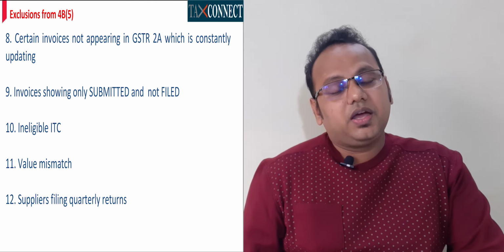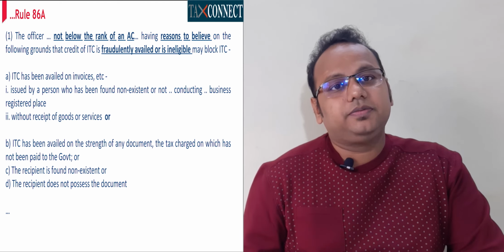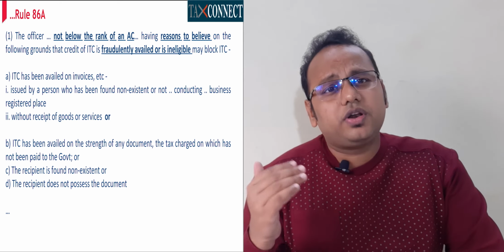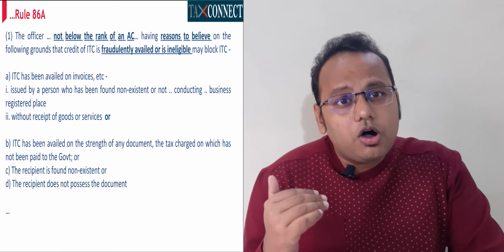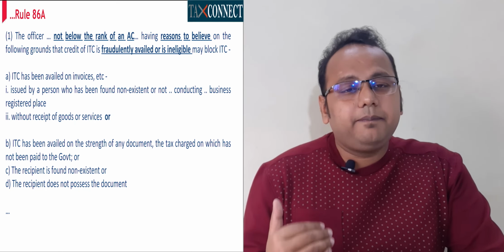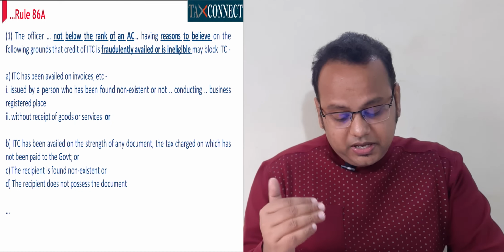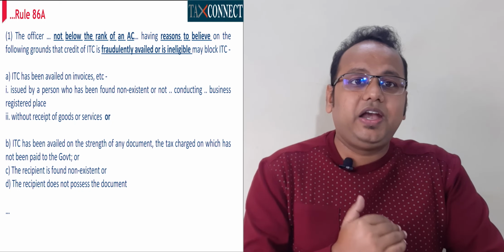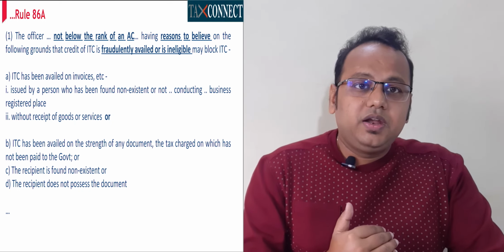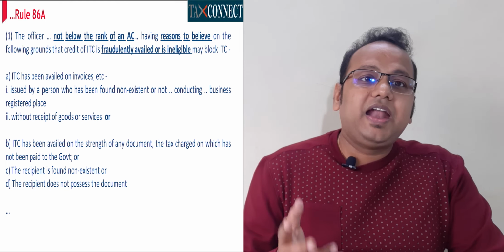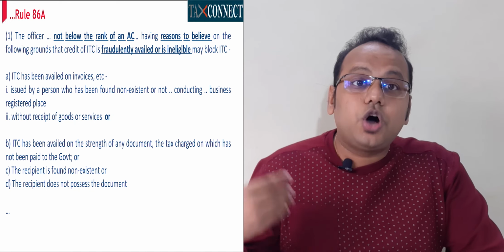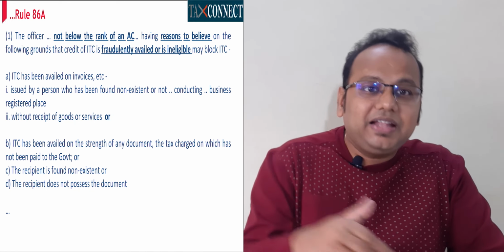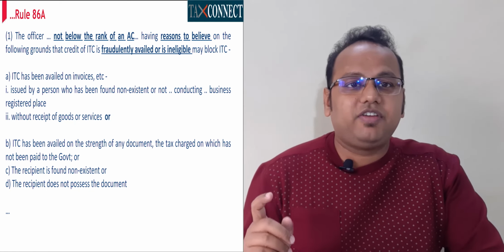However, it is very important to also read rule 86A, where blocking of ITC can be done only in case of fraudulently availed ITC, whereby an ITC availed from a supplier who is non-existent, only then can the ITC be blocked by the revenue.